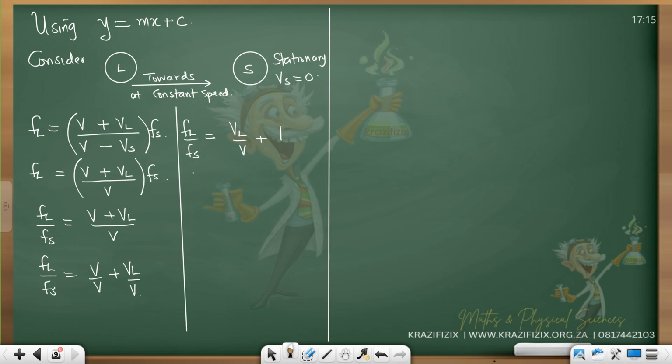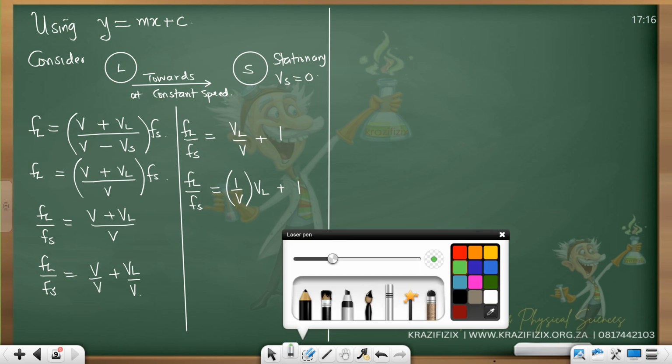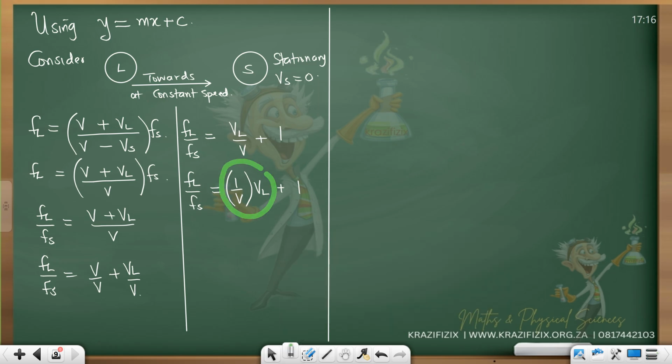Now, here is the beauty of maths. I can write this as, the listener is the one moving, 1 over V multiplied by VL, plus 1. Guys, I hope you understand that this will still give me this, because 1 times VL is VL.